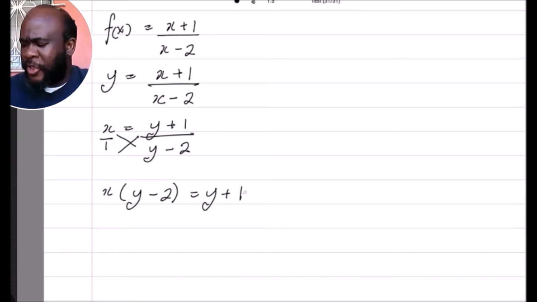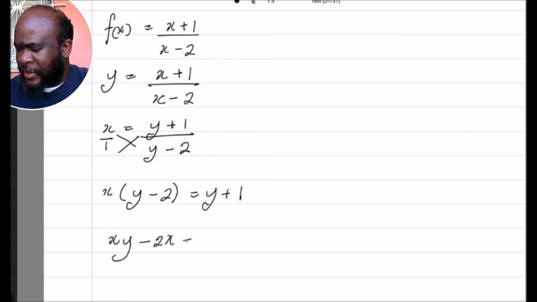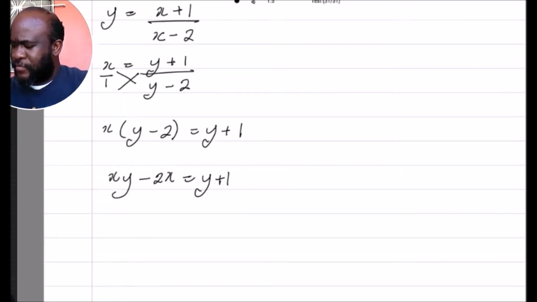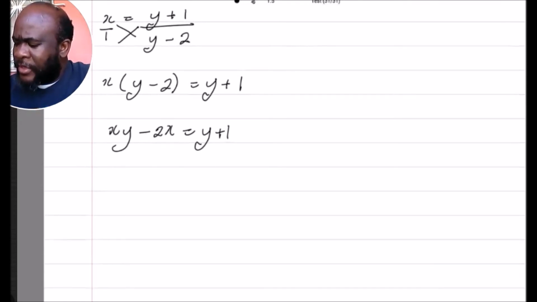We're in step 3 where we're trying to make y the subject. I'm going to remove the bracket here by applying distributive law. So this is xy minus 2x is equal to y plus 1. Get all the y's to one side.